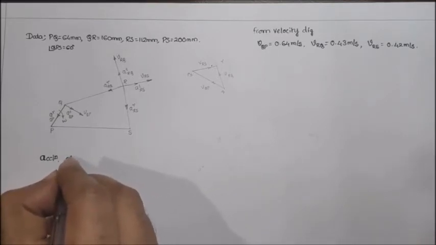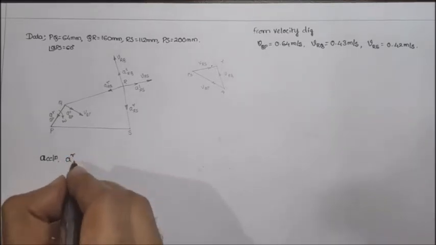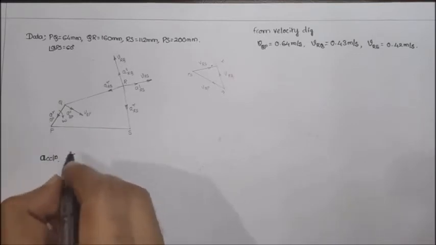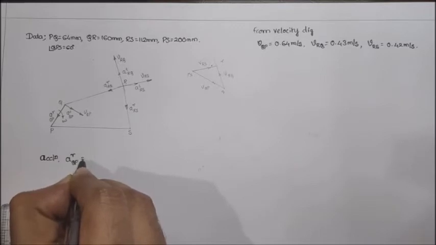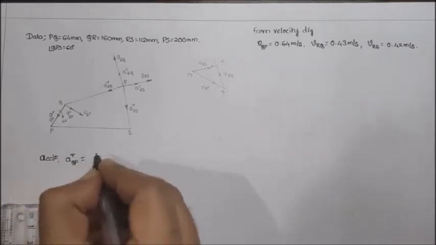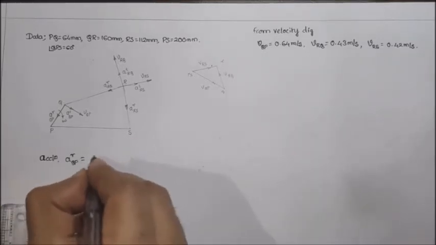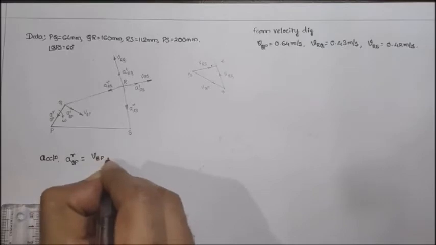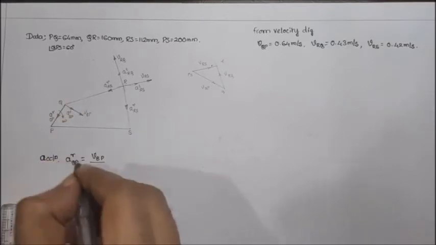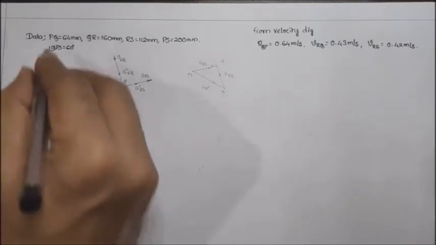The radial acceleration of Q with respect to P is given by the velocity of QP squared divided by its link PQ.